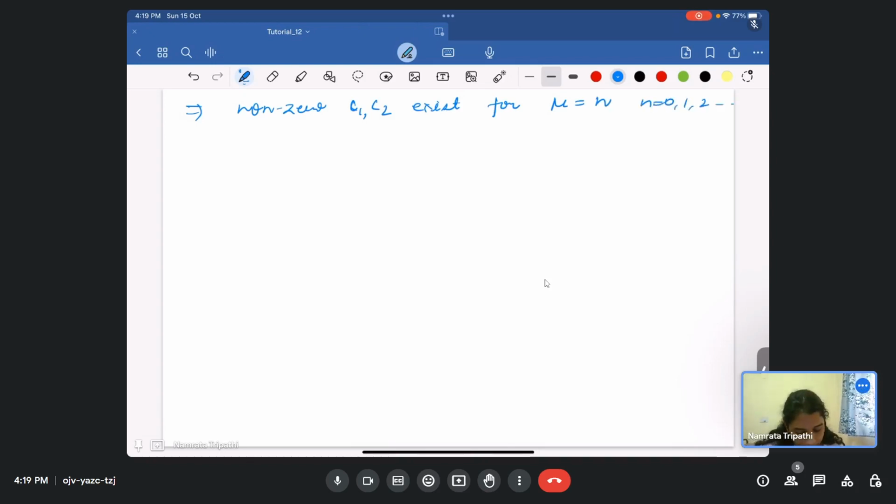Okay, therefore cos of n theta and sin of n theta both will be eigenfunctions.